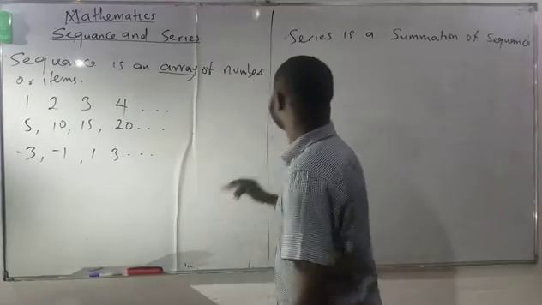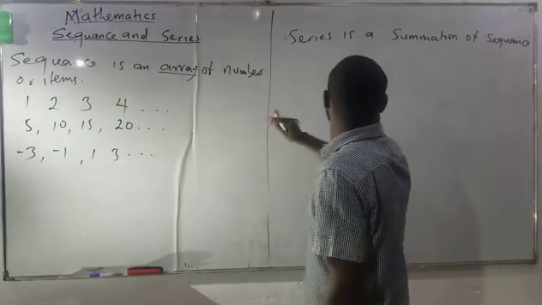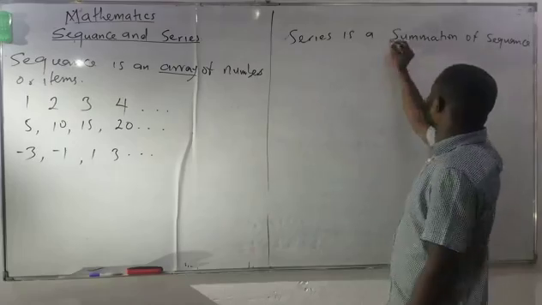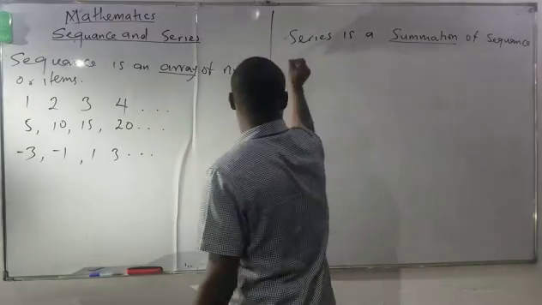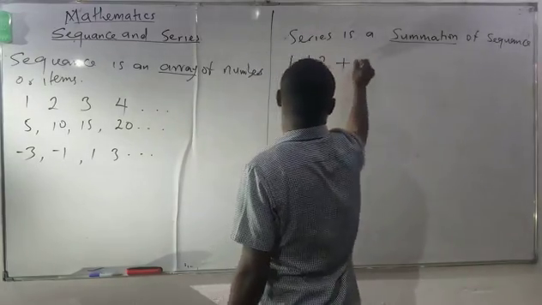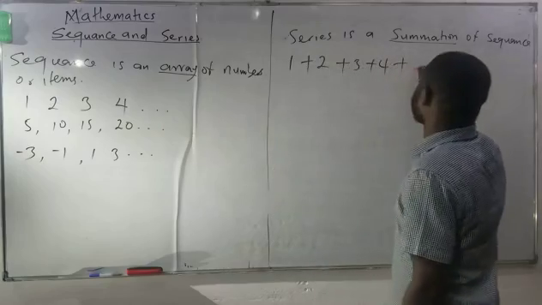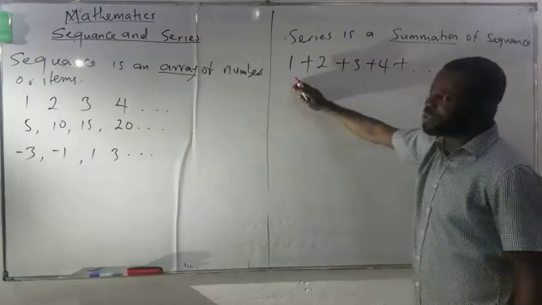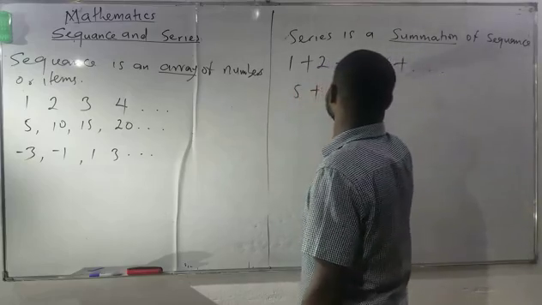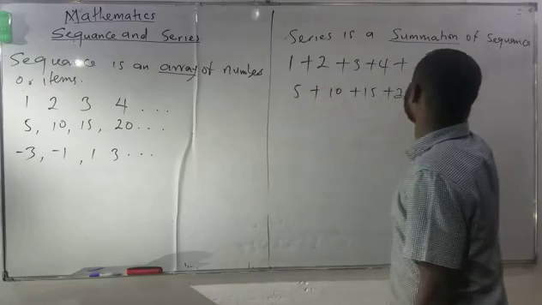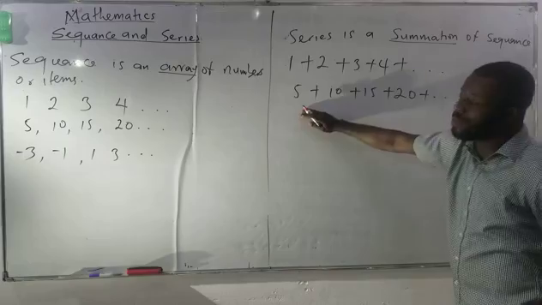When you talk about series, it means summation. This word summation means additive. You are adding up. When you have 1 plus 2 plus 3 plus 4 plus and so on, this becomes a series. Another, if I have 5 plus 10 plus 15 plus 20 plus and so on, this is also a series.